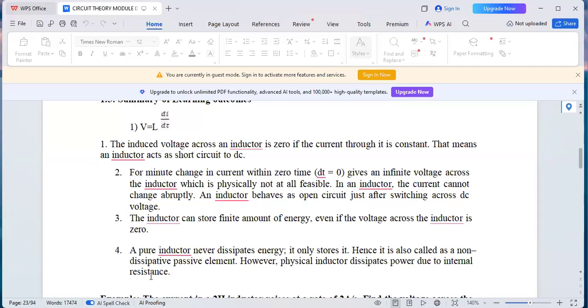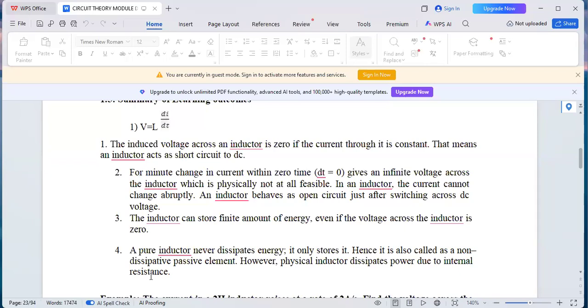So if the current is constant, the voltage across the inductor will be 0. That means an inductor acts as a short circuit to DC. So when you connect an inductor across a DC voltage, it will act as a short circuit. This is interesting, you understand?